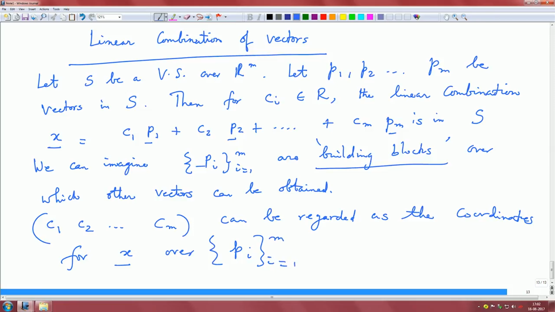No different from our notion of, for example, if you think about 2-dimensional space, 2i plus 3j, right. That means in the i direction you are going 2 steps, and in the j direction you are going 3 steps. It is basically a position vector 2i plus 3j. So, your i and j you can think about them as P1 and P2, and your 2 and 3 are basically coordinates.